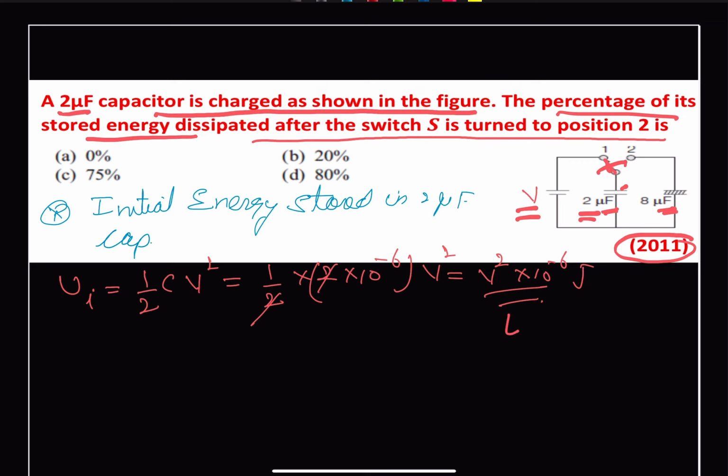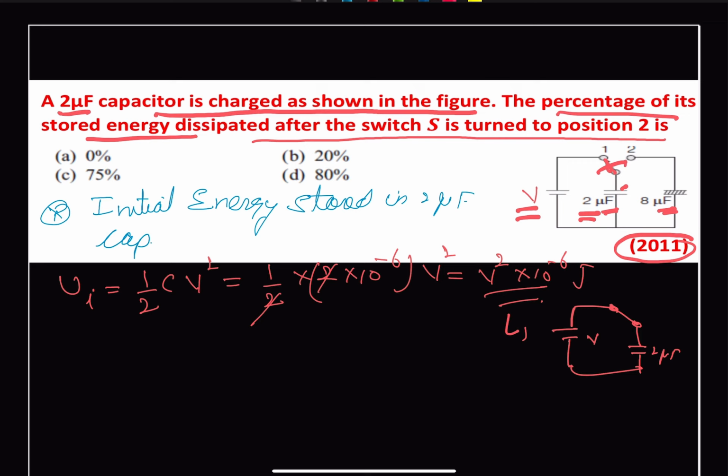And for this we can just draw the approximate circuit. We have a 2 microfarad capacitor and the voltage source is V. We can also find out the initial charge on the capacitor.